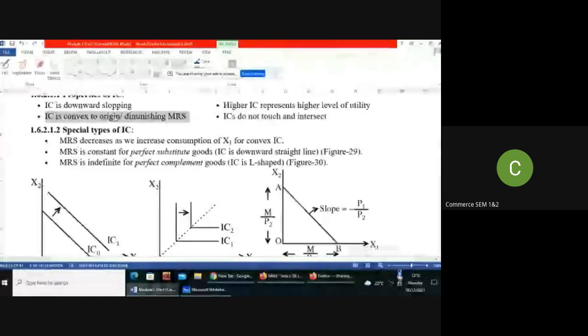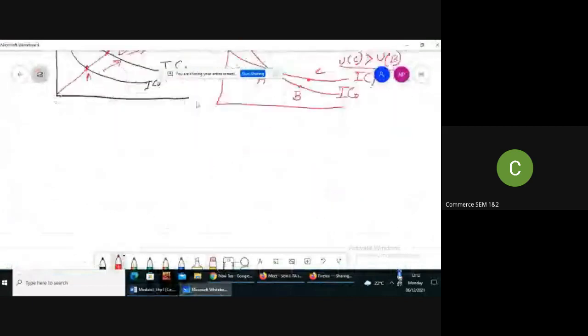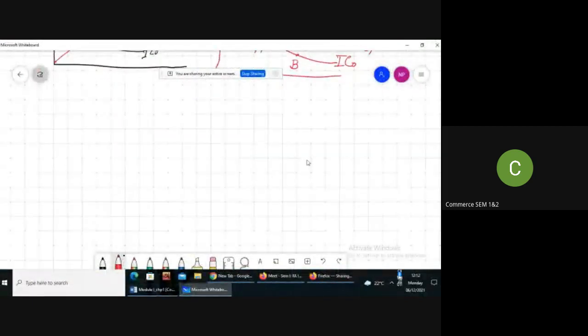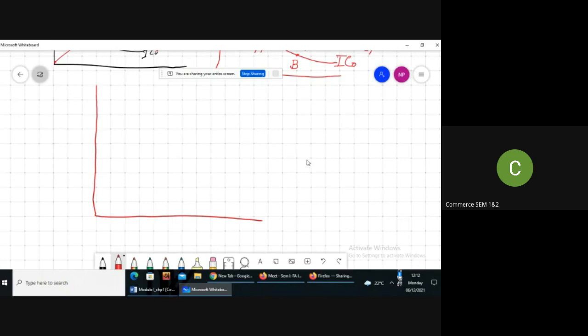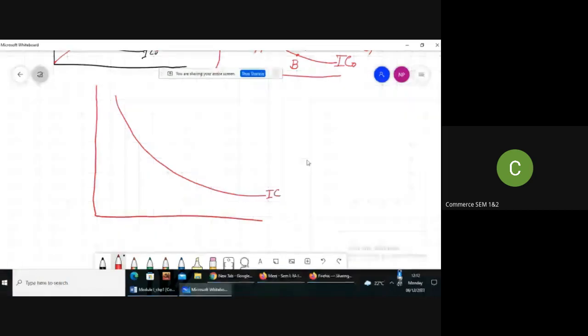Next is ICs convex to origin or diminishing MRS. Now draw an indifference curve IC0.